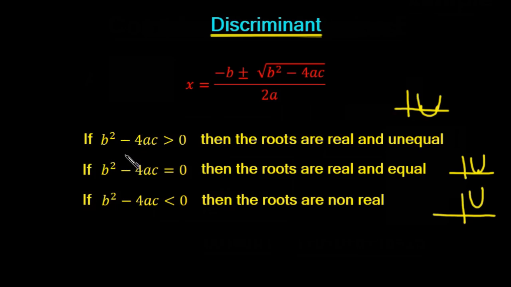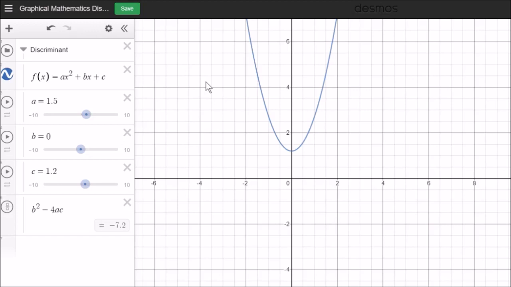So let's look at a couple of these in the graphical calculator. We've added the value of the discriminant at the bottom here, so that's b squared minus 4ac, and you'll see that whenever we move the function up and down, whenever it's above the x-axis, that is, it doesn't cross, so there are no real roots, you can see the discriminant is a value of -7, so it's a negative value.